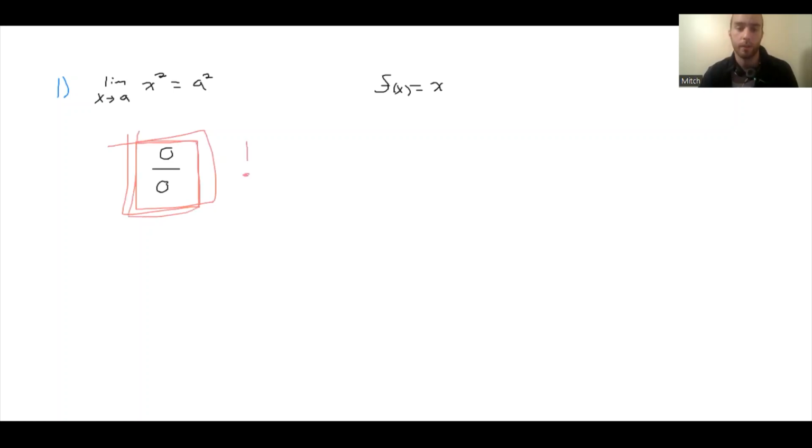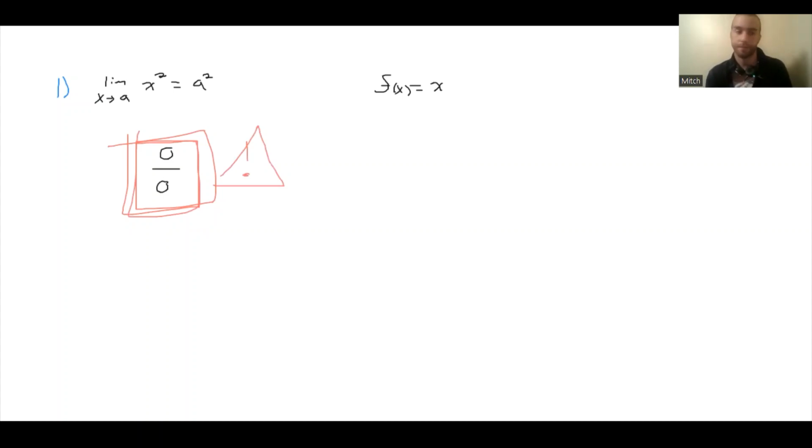So this is your warning flag that you need to do something else. And so in this course, what you're going to do is somehow try and cancel whatever is giving you this 0 over 0, because that's the thing that's making it look ugly.